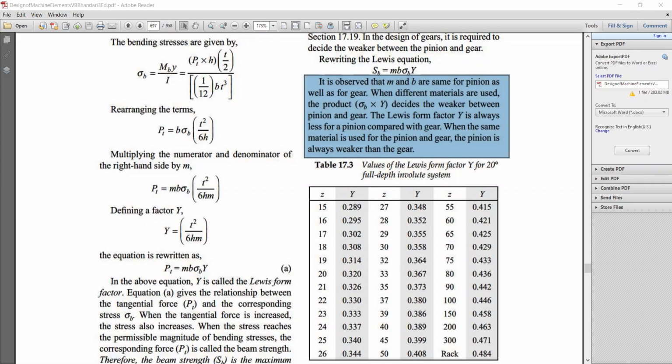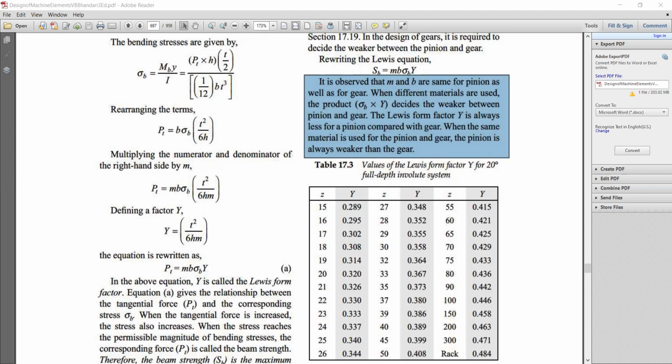So for that we also take the dynamic loading condition. Now in the dynamic loading condition, we are using Lewis and Buckingham's equation. So Lewis, we already discussed with the Lewis form factor.